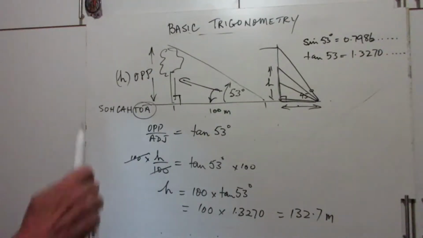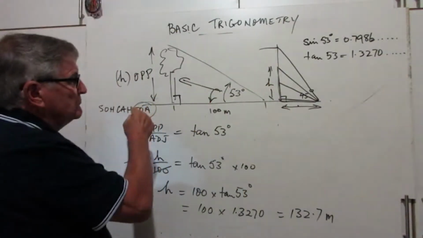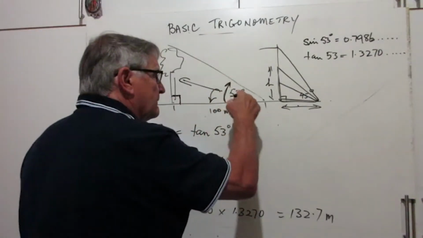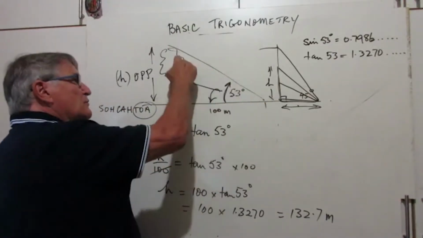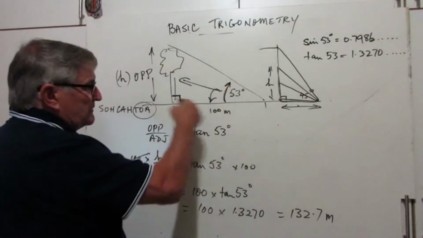Okay, so the task at hand: identify your right triangle, identify your right angle, identify the angle that you're given. Now, in this case it's here, sometimes it's up here. Our next example, we'll do one with an angle up here. Then check the sides.